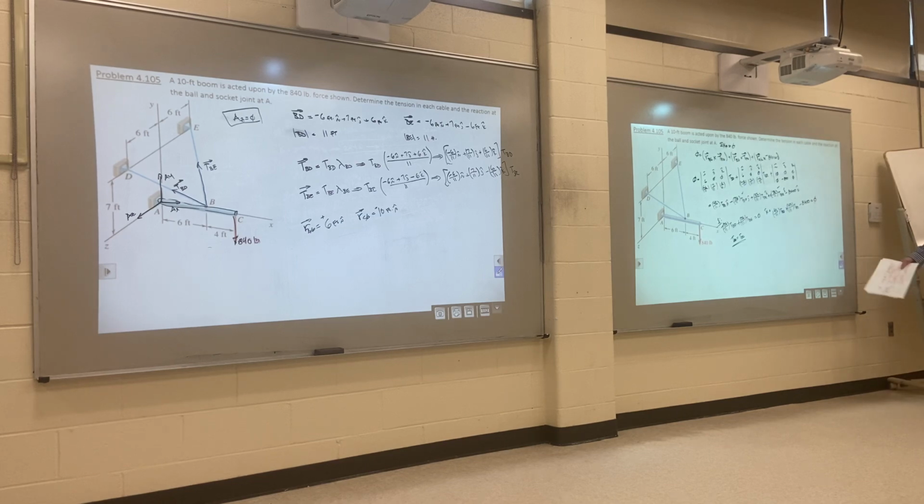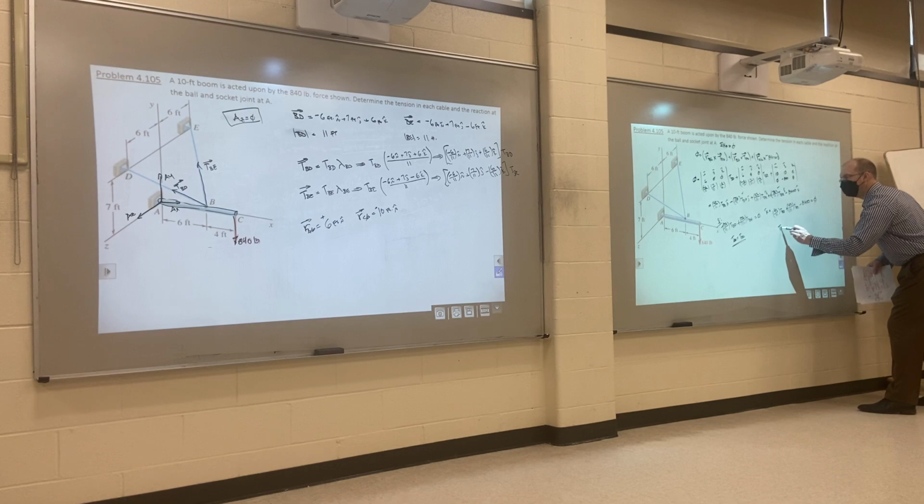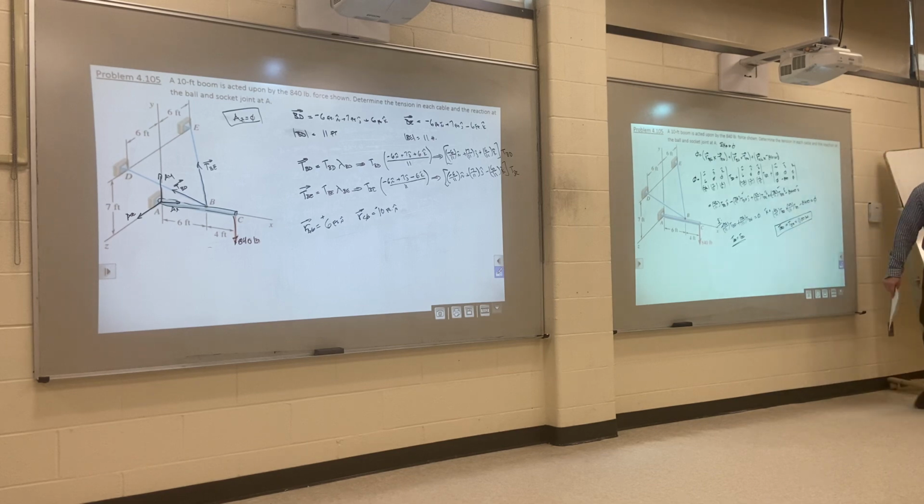Now I can solve for TBD or TBE, they'll be the same, and it's going to be 1,100 pounds. TBD is equal to TBE, which is equal to 1,100 pounds. And all that just to get the two tensile forces in the cable.